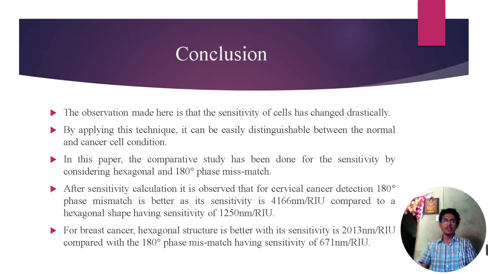So let's move to the conclusion. The observation made here is that the sensitivity of the cells has changed drastically. By applying this technique, it can be easily distinguished between the normal cell and the cancer cell condition.